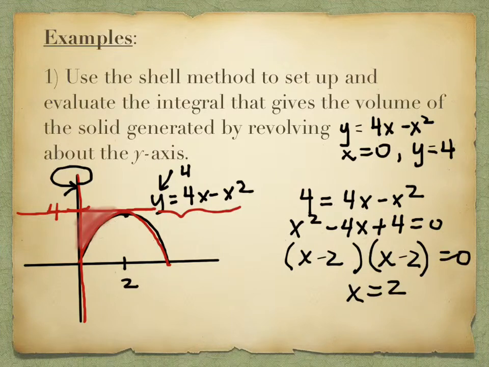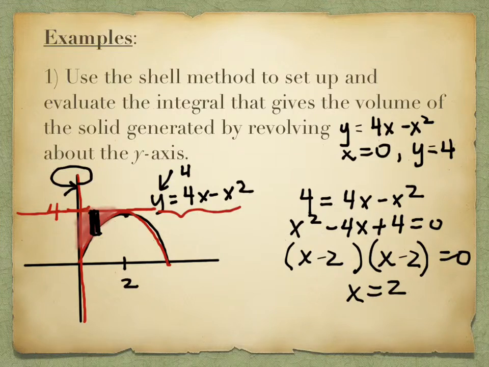Do I draw a representative rectangle that is parallel or perpendicular? Parallel, because I'm working with shells, right? So I need a parallel representative rectangle. So my rectangle looks something like this. So far, so good?